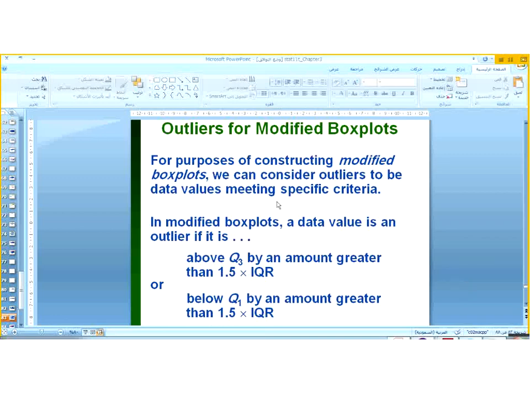So for the purpose of constructing a modified box plot, we can consider outliers to be data values meeting specific criteria.